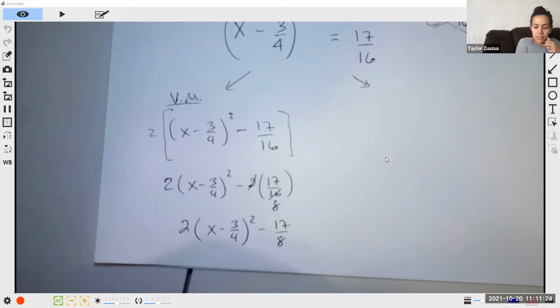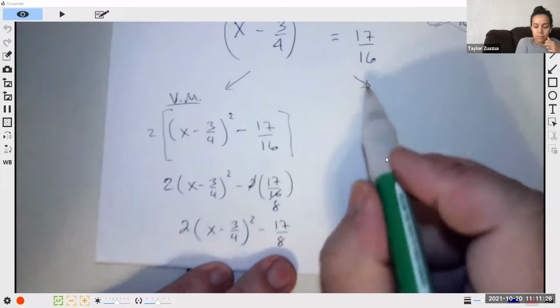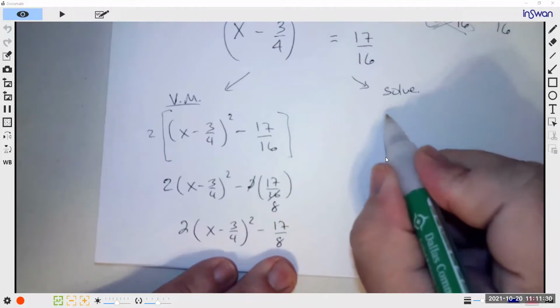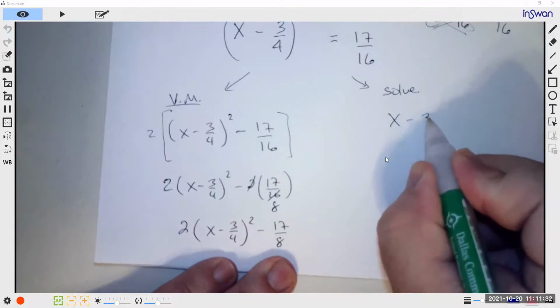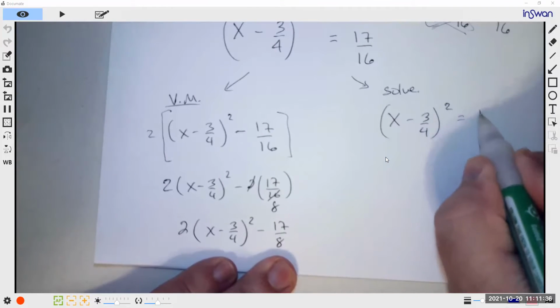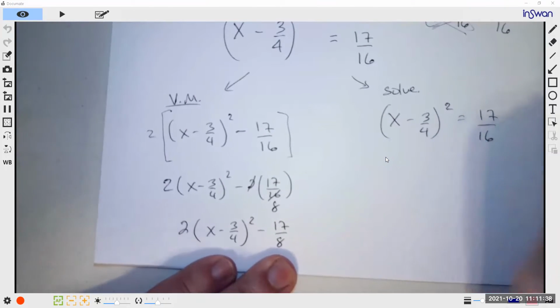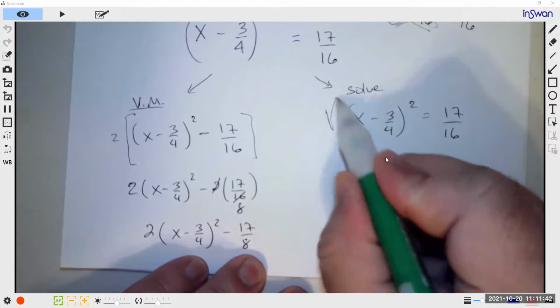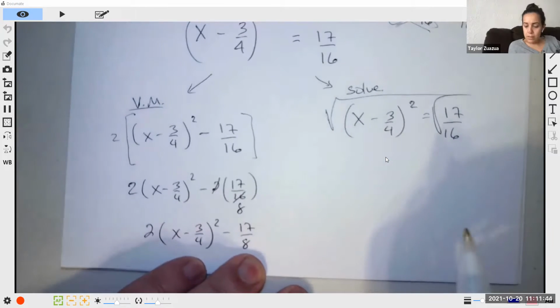But to solve it, we have to square root both sides.